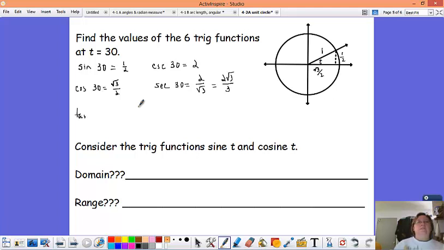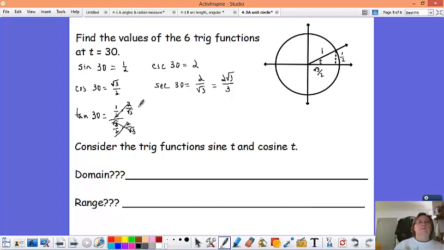The tangent for 30 degrees is y over x, so 1/2 over root 3 over 2. We multiply top and bottom by the reciprocal, so we're multiplying by 2 over root 3 by 2 over root 3.